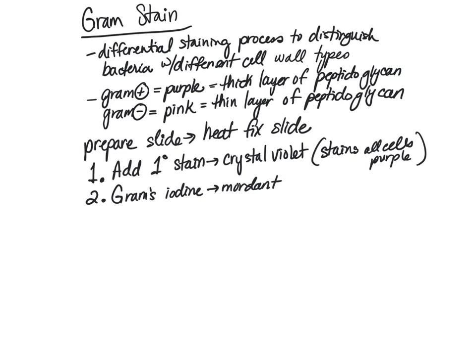Then we add the gram's iodine, which is a mordant. So it's going to stabilize the dye within the cells. So it acts as a stabilizer, or sets the dye. So we add our mordant, which is the gram's iodine. It kind of traps the crystal violet in. Then what we're going to do is add decolorizer.